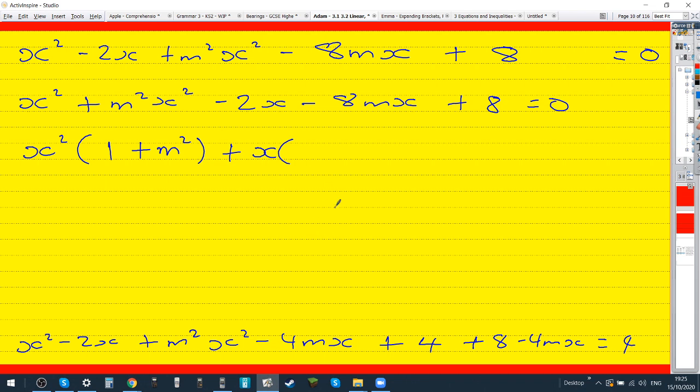Okay, what goes in the bracket? Would one of them be minus 4? It would be minus 2. Okay. So just divide them both by x.